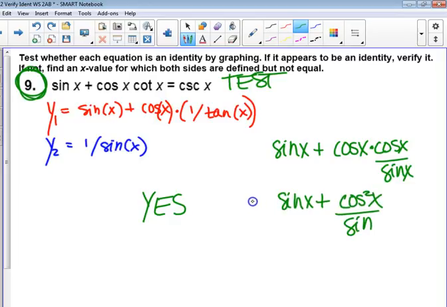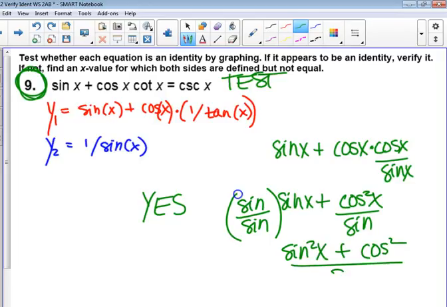You get a common denominator, sine over sine, you'd have sine squared plus cosine squared all over sine, which is what? 1 over sine, which is cosecant, which is the right-hand side. Do you see why that would be a really sweet one for a test or quiz? Well, it requires you get a common denominator. The common denominator was nothing horrifying, right?